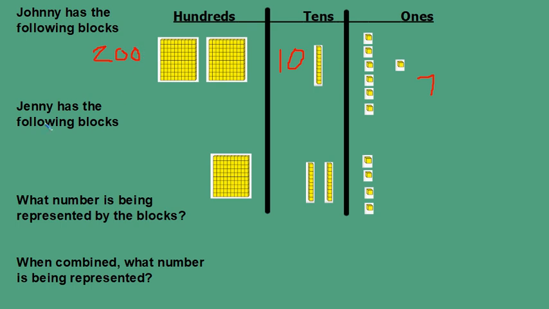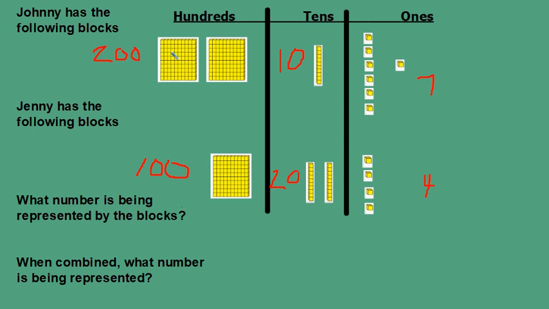Let's take a look at Jenny's. Jenny has the following blocks. Let's start with the ones. 1, 2, 3, 4. So she's got 4 in the ones. She has 2 in the tens. So 10 plus 10 is 20. And I see 1 in the hundreds place. So she has 100. Okay.